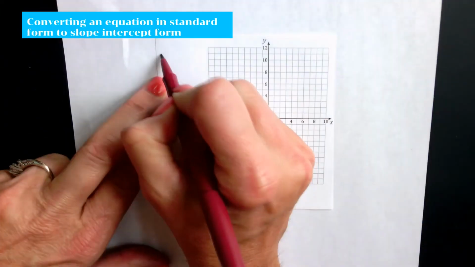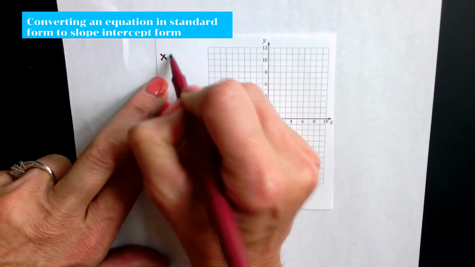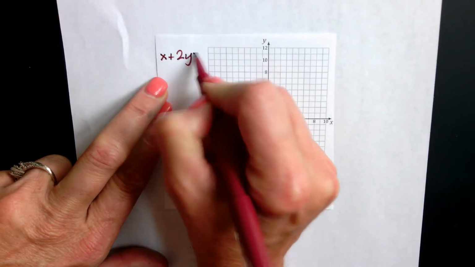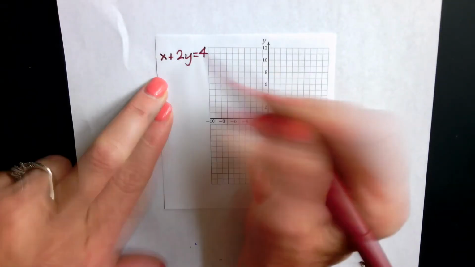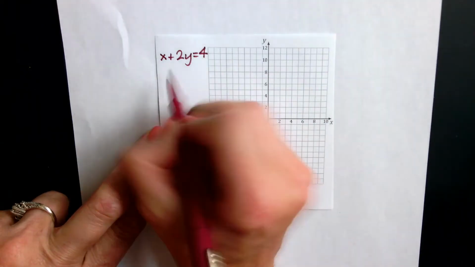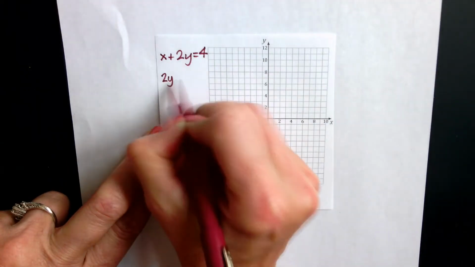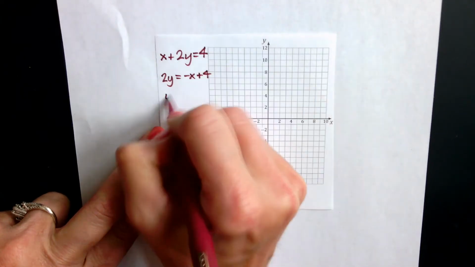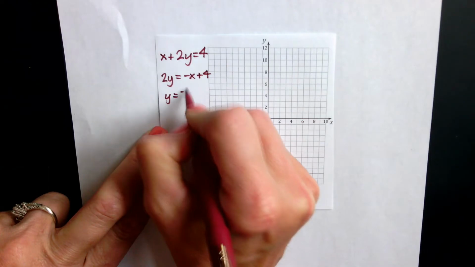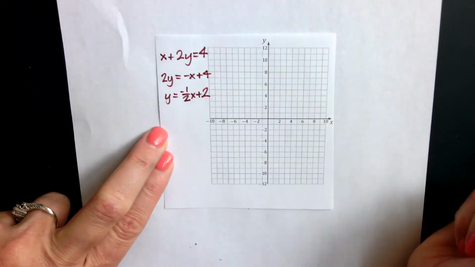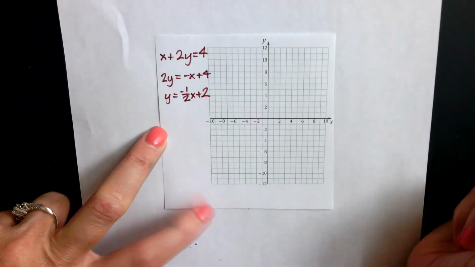For the very first example I showed, we said the equation was x plus 2y equals 4. This is written in standard form. You could rewrite it in slope-intercept form.